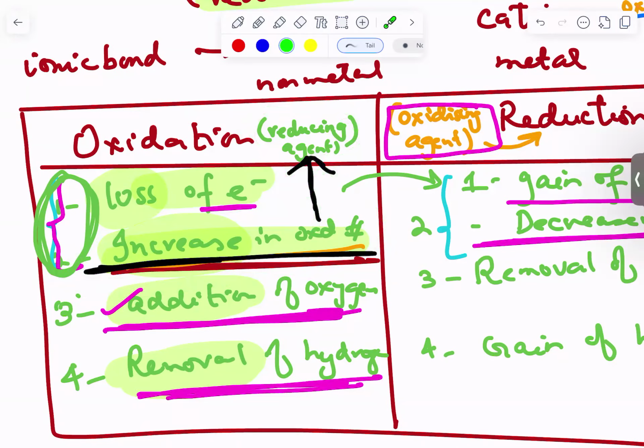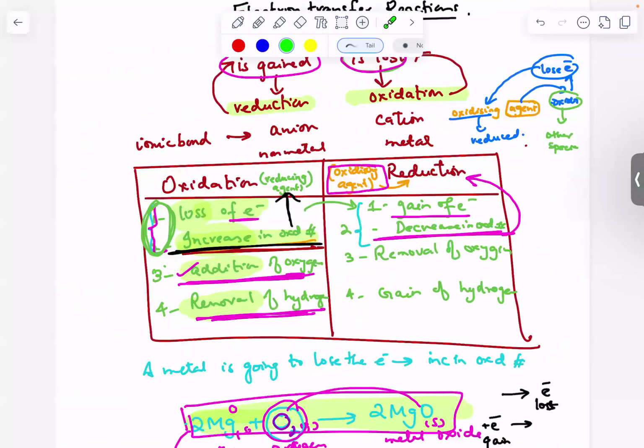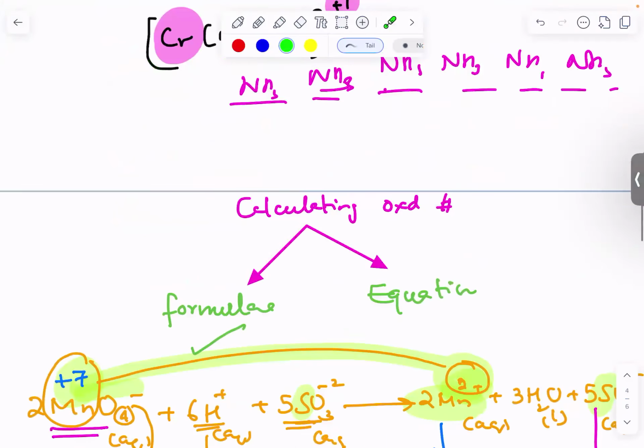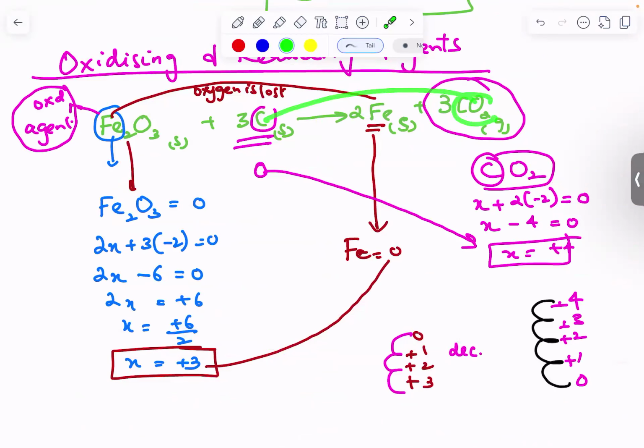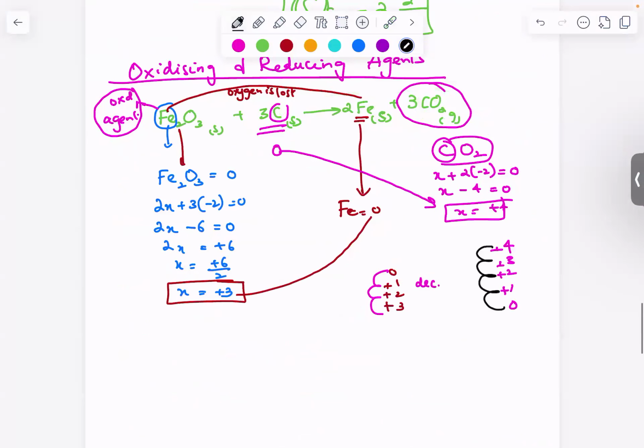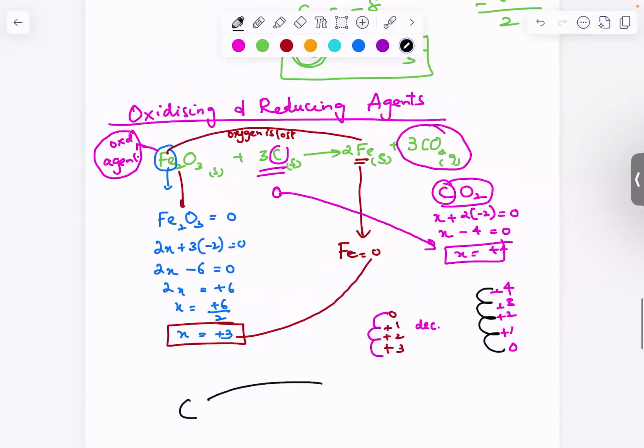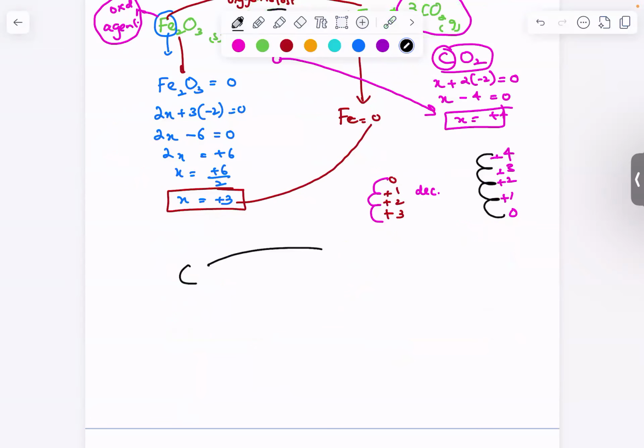Are you getting it? And the second thing, carbon is adding oxygen. Can you see that? Carbon changes to carbon dioxide, right? What is happening to carbon?